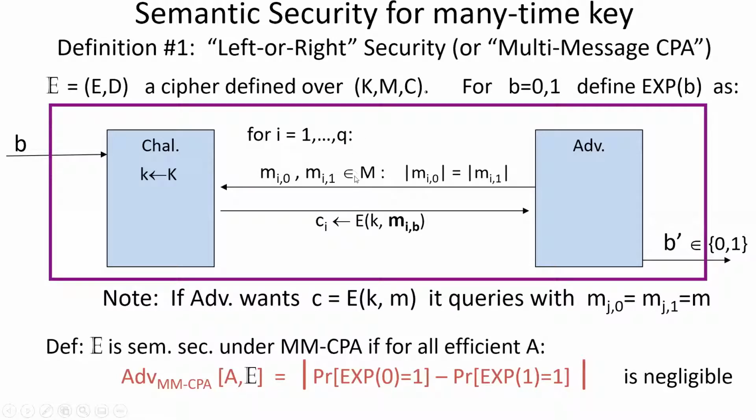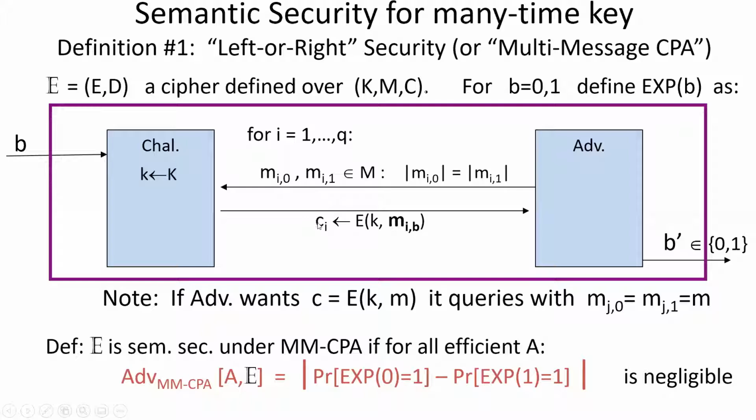Note that this corresponds to a chosen plaintext attack, because if the adversary looks at these ciphertexts, he doesn't know exactly what they are, because they can be either encryptions of left or right.